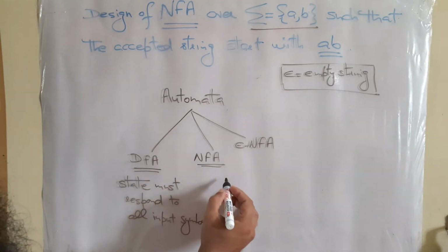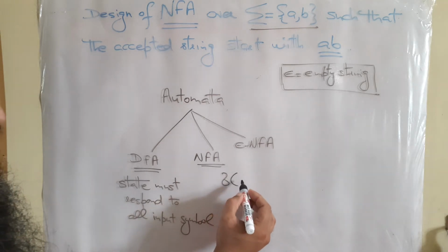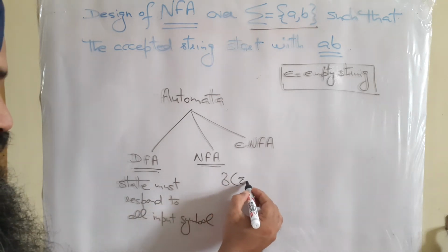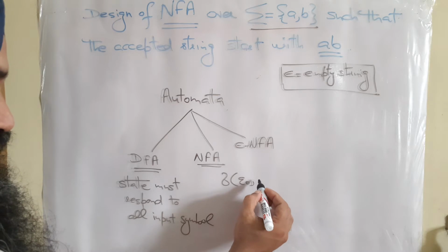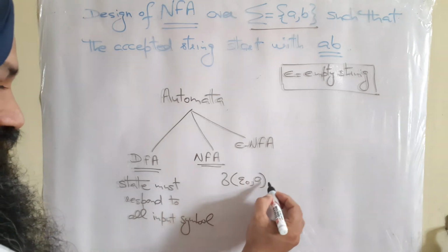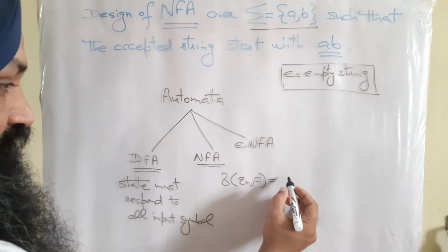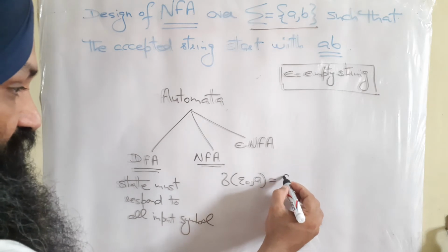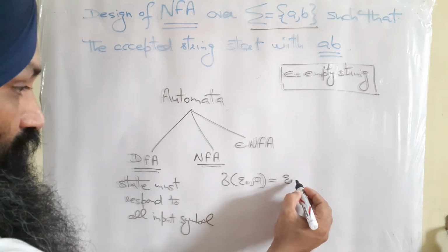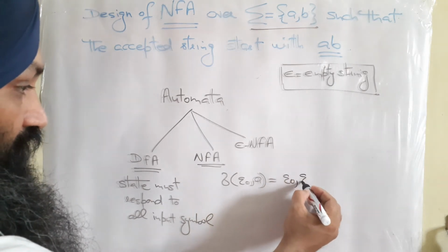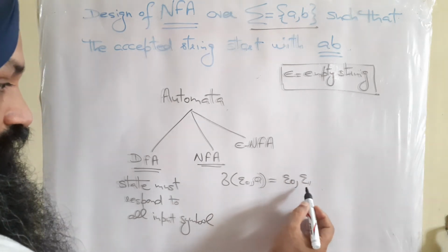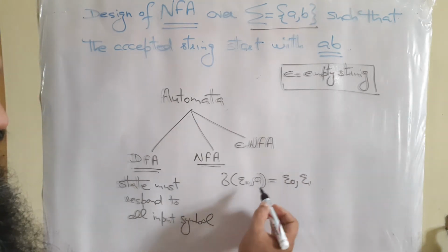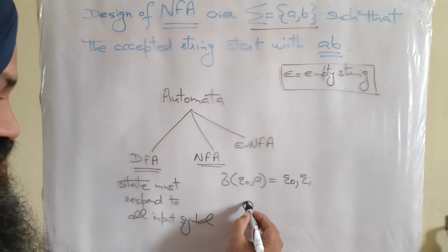Secondly, in NFA the delta transition from a state q0 with input, suppose a, may go towards either state q0 or q1. In the diagram you can see the same thing.